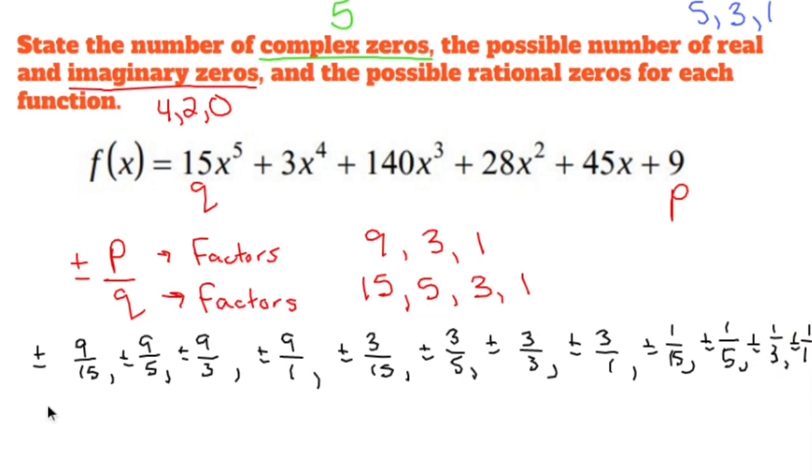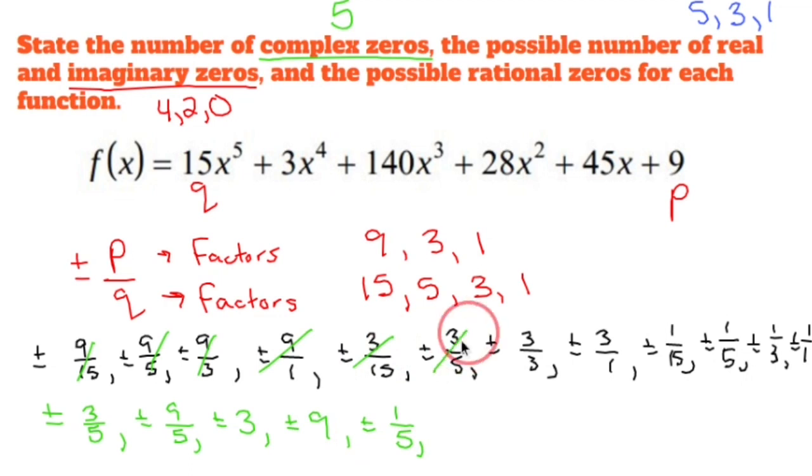Let's simplify while we're at it. Plus or minus 9 over 15 can be written as 3/5. So we're done with that one. Plus or minus 9 over 5 is simplified as much as it can be. Plus or minus 9 over 3 is 3. Plus or minus 9 over 1 is 9. Plus or minus 3/15 is 1/5.